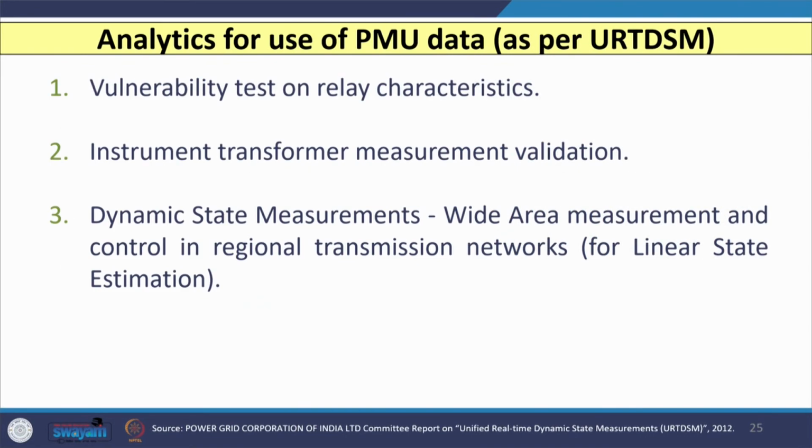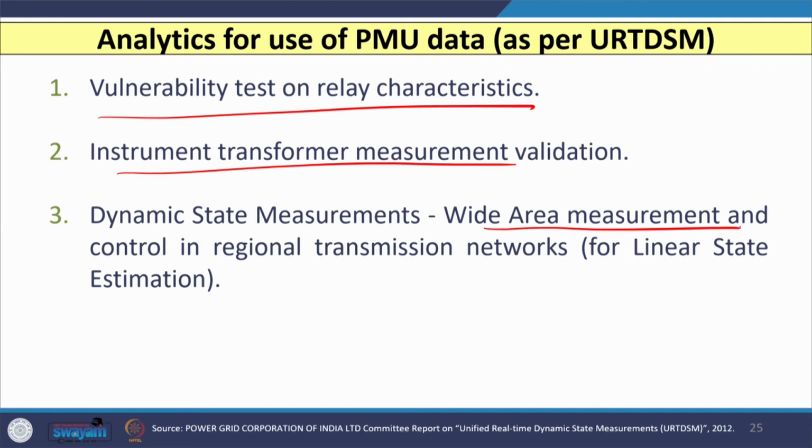Now, let us see what is the analysis for the use of PMU data, for what purpose we will use the PMU data. So, we can go for vulnerability test on relay characteristic as I told you, for instrument transformer validation, CT and CVT, for dynamic state measurements, maybe for wide area measurements and control in regional transmission network.